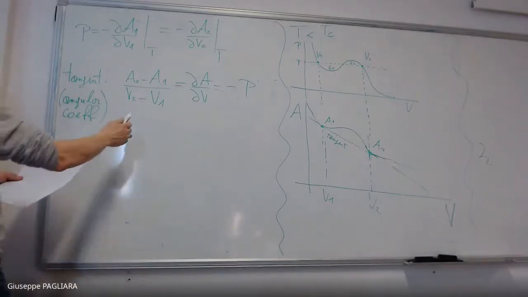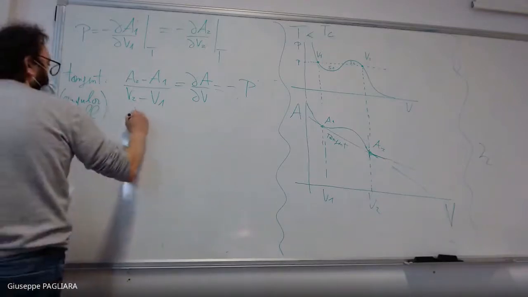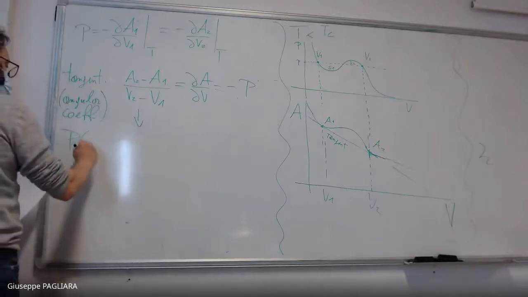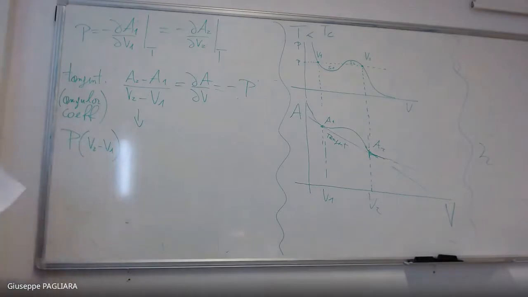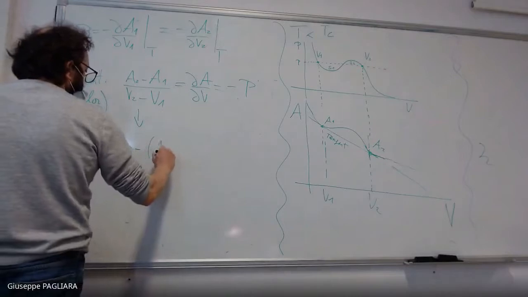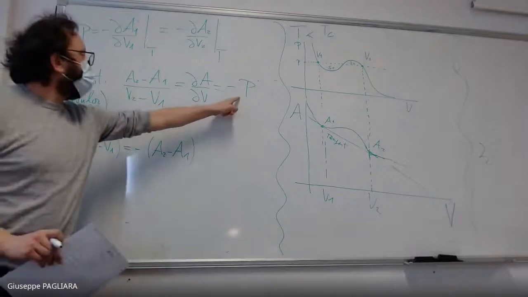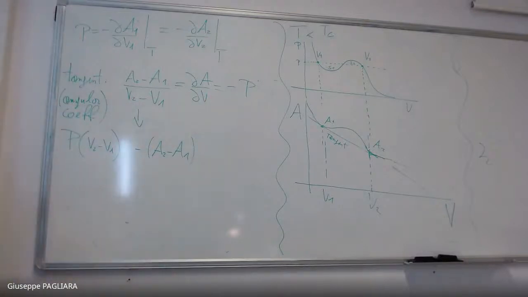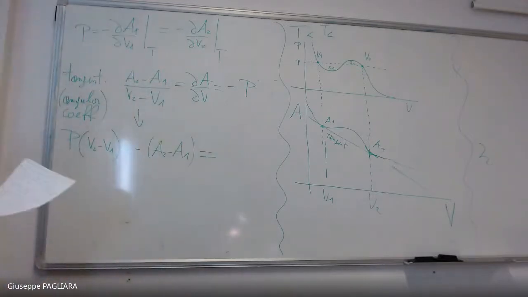Now, from this equation, I get that P times V2 minus V1 must be equal to minus A2 minus A1. So I put this in here, and I have to add a minus there.